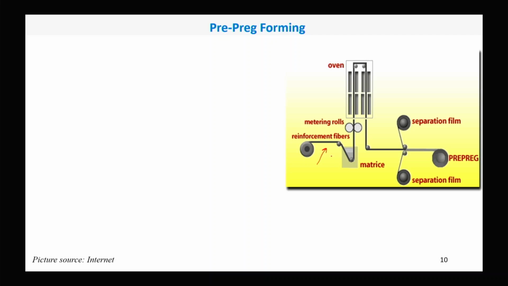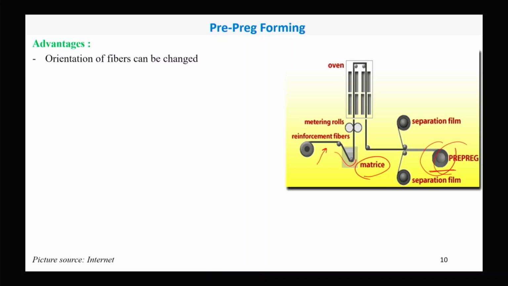Then it moves through a matrix in liquid form, and after dipping, it moves to an oven where curing takes place, and after that the prepreg sheet is rolled, and this is the prepreg form.